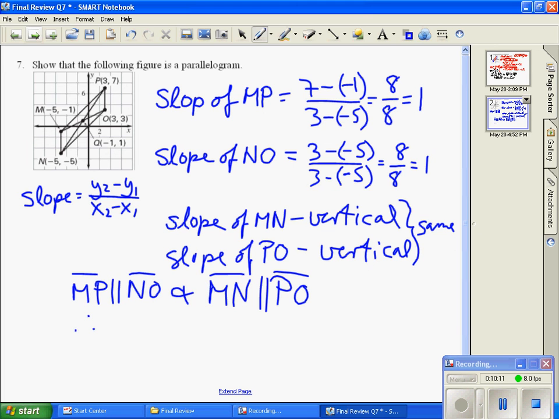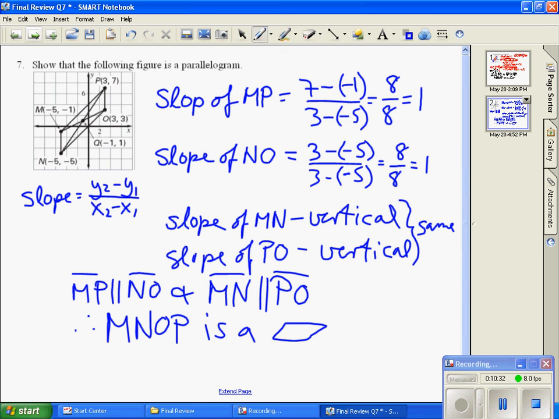Therefore, MNOP is a parallelogram. And again, we don't need to write out that word. We can just use the little symbol for parallelogram, and that's fine.